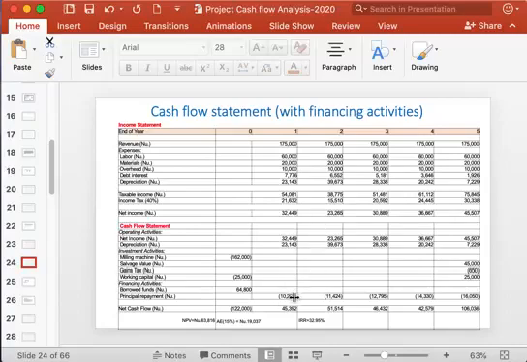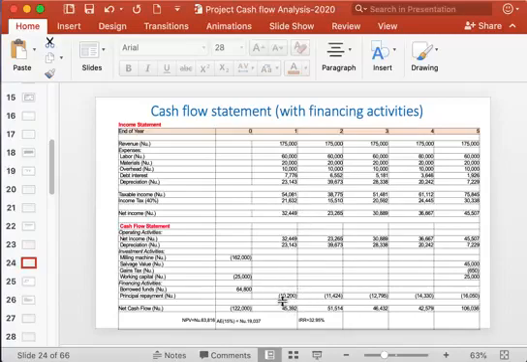So out of the 17,976, 7,776 is included as interest and the rest of the amount, which is 10,200, which we get by subtracting 7,776 from 17,976.